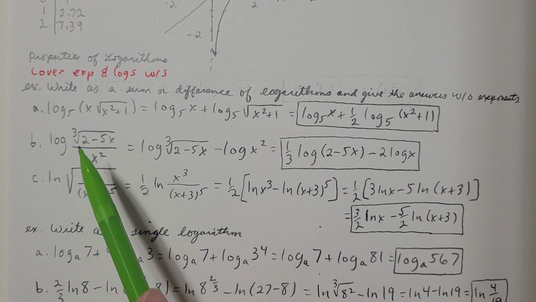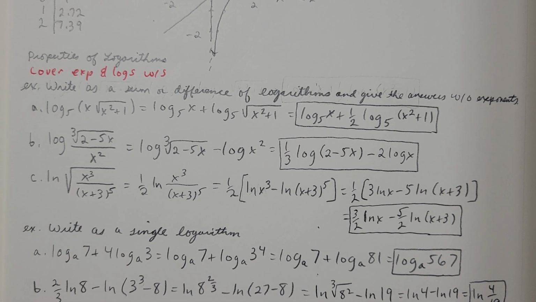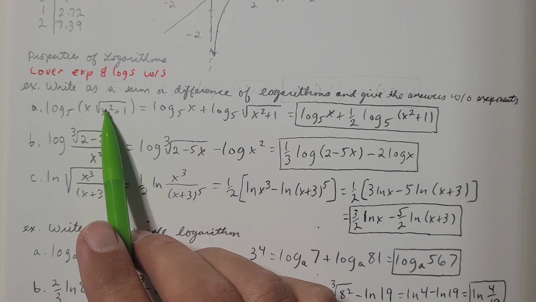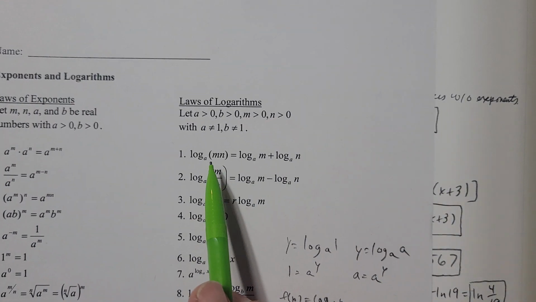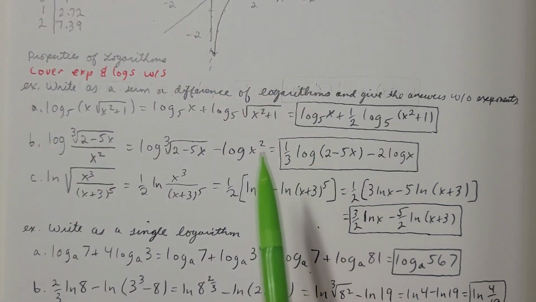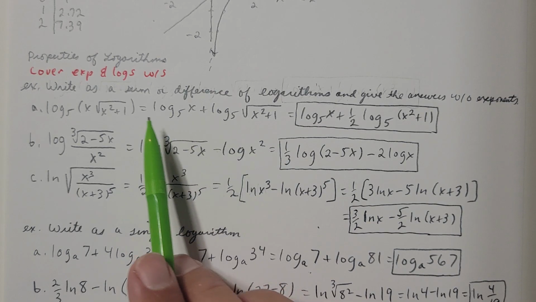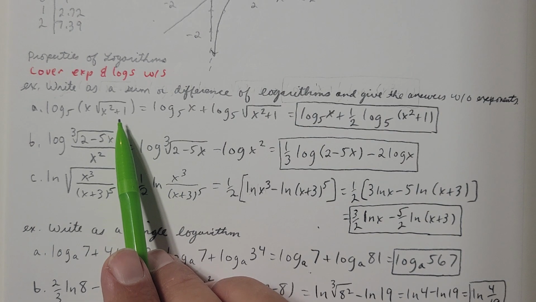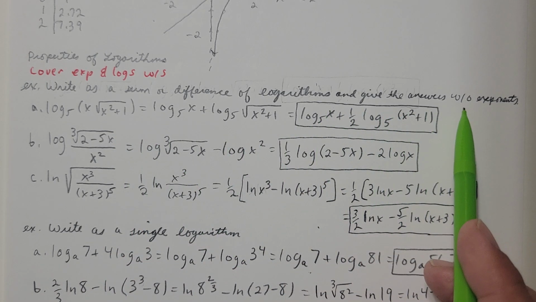Part A, I got log base 5 of x times the square root of x squared plus 1. Using law 1, I'm multiplying x by the square root of x squared plus 1, so I can split that into 2 logarithms that would be added together. So I'm going to have log base 5 of x plus log base 5 of the square root of x squared plus 1. Also, I want to give my answer without exponents.